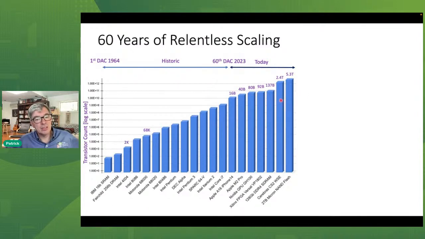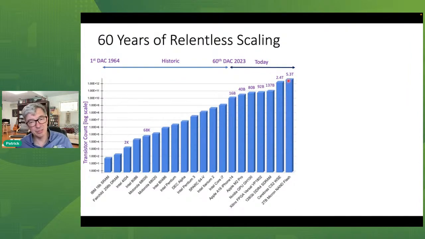And then if you do interesting things like wafer scale integration, you can get to 2.4 trillion transistors. Or if we're talking about flash memory, where we stack up to 230 layers on top of each other, a 2 terabyte NAND flash memory is 5.3 trillion transistors. That is quite an achievement.